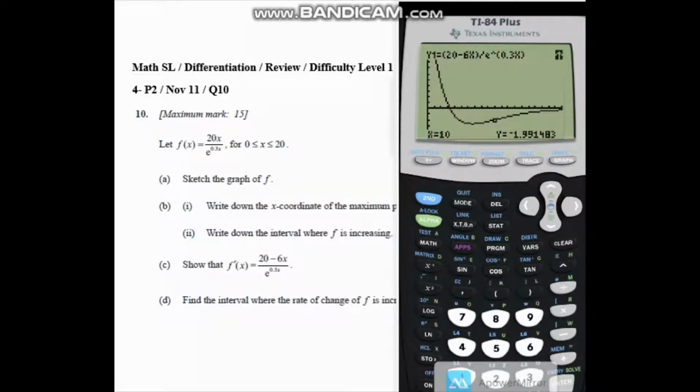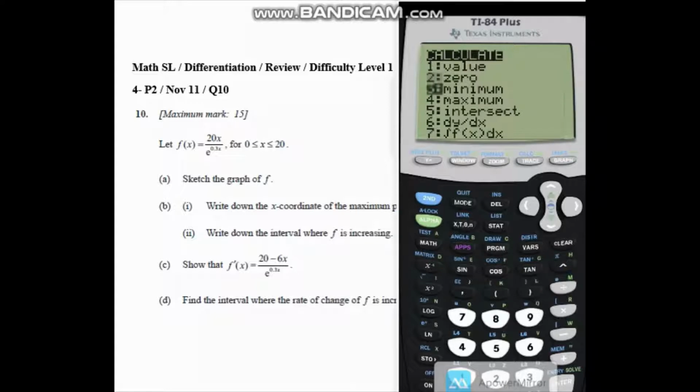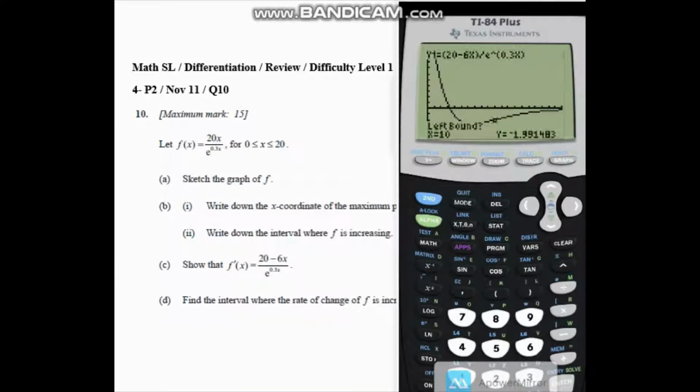So second, trace, minimum, left bound. So I'll drag the cursor to the left of my minimum. Right bound, so I'll drag the cursor to the right of my minimum. And guess, so there is roughly where the minimum is expected to be.